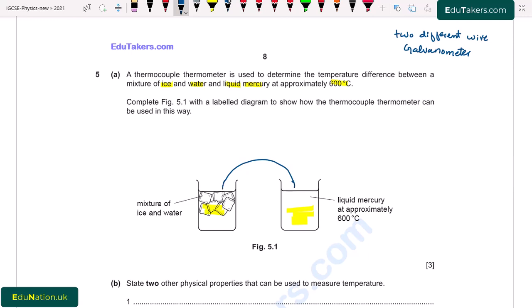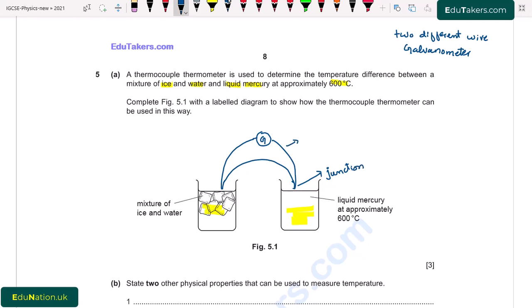The second wire will be in such a way that at the center of this wire we have attached the galvanometer, and similarly we draw the second wire in such a way that one side of this will be in the mixture of ice and water, while the second side of this wire will be in liquid mercury at approximately 600 degrees C. So here we have to attach the galvanometer G, and these points are basically junctions where both of these wires meet.